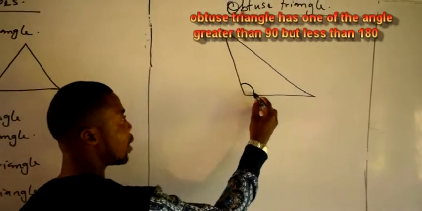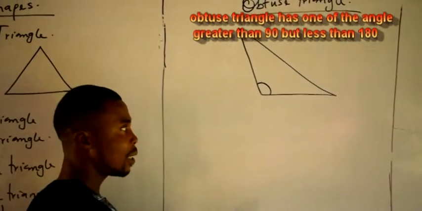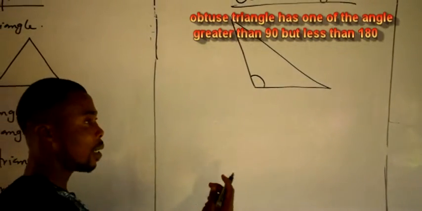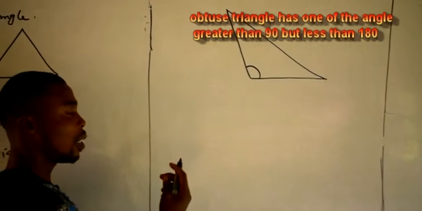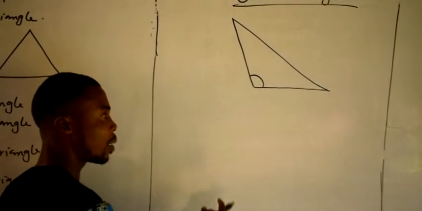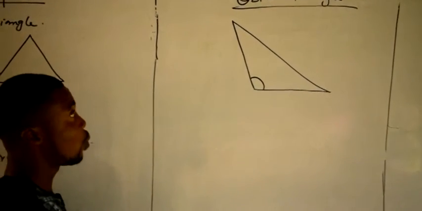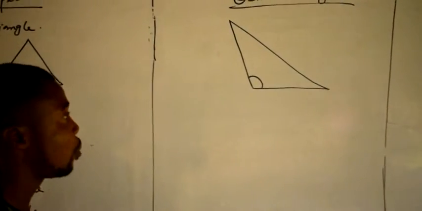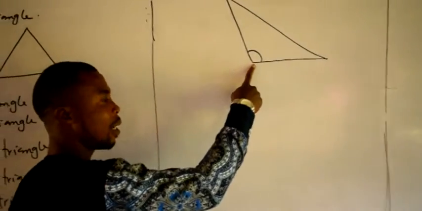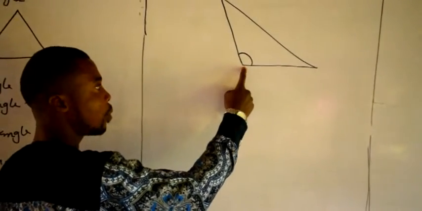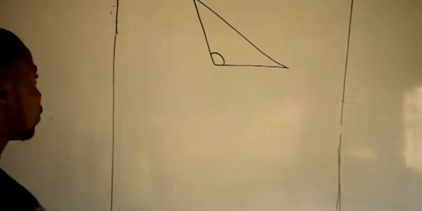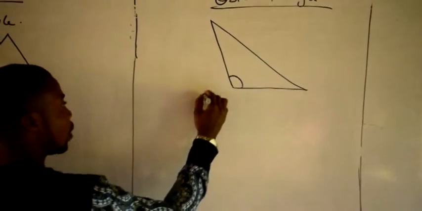It must be greater than 90 but less than 180. So to get an obtuse triangle, you must have a large angle here which must be greater than 90 and less than 180.